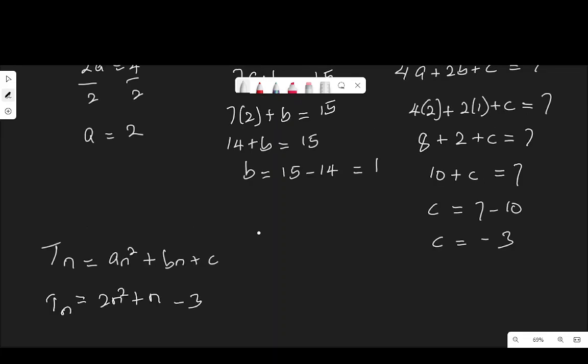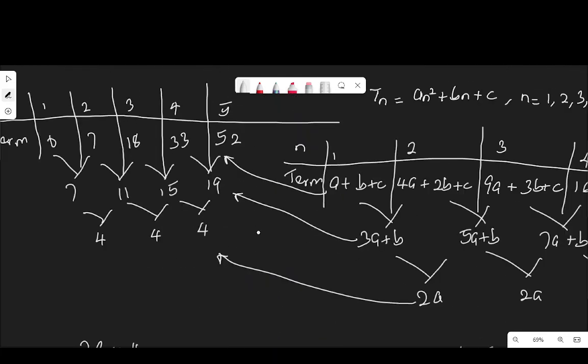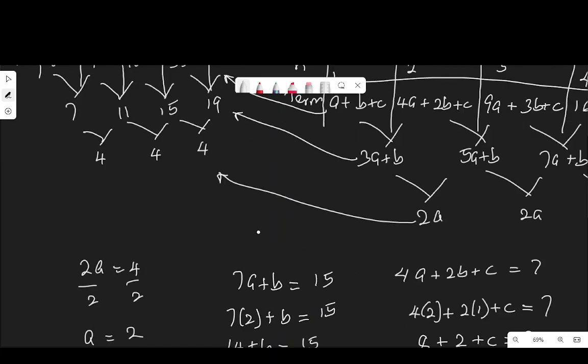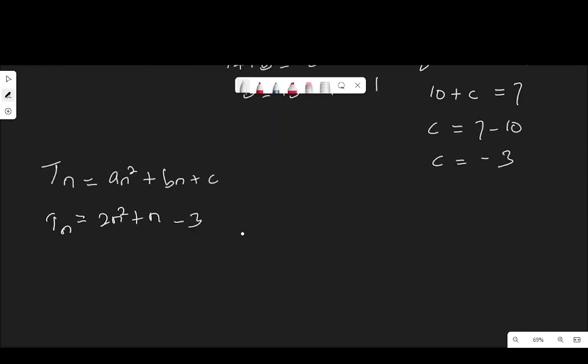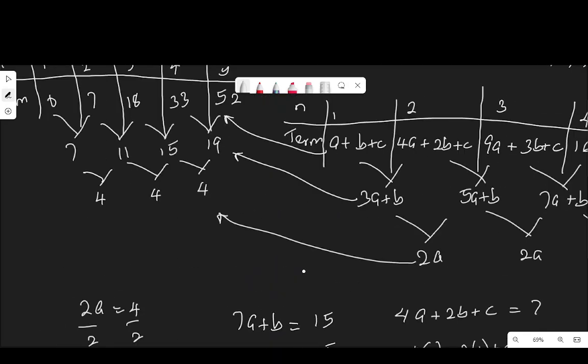Let's check whether it will agree with the sequence. The sequence is 0, 7, 18, and so on. If n is equal to 1, that is 2 times 1 squared plus 1 minus 3. 2 times 1 squared is 2. 2 plus 1 minus 3 is of course 0. That agrees with the first term.